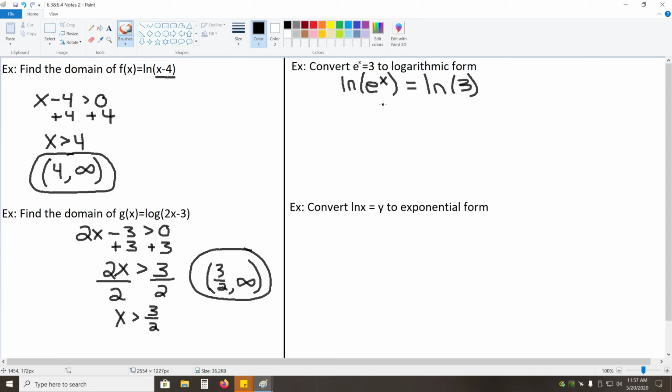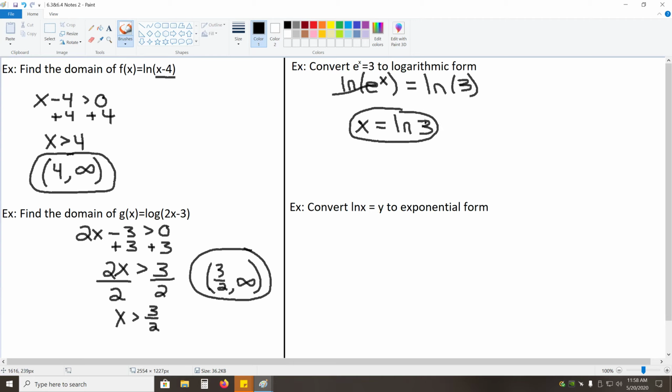And when we do that, natural log and e cancel out to leave us with x equals the natural log of 3. So we just solve for x in our process of converting this to its logarithmic form.